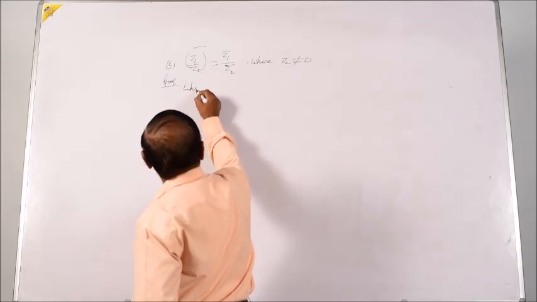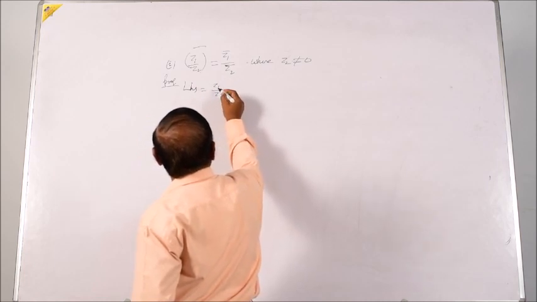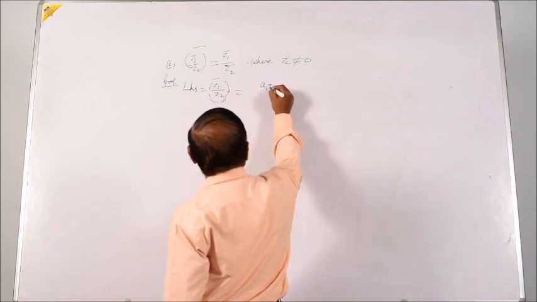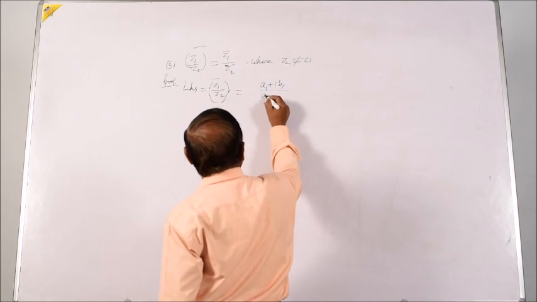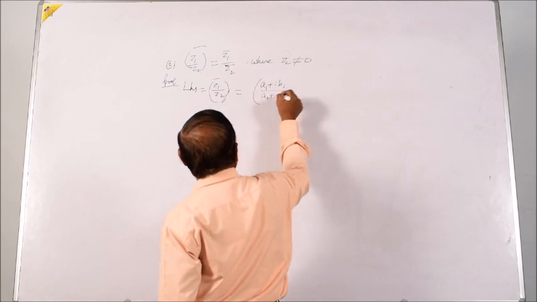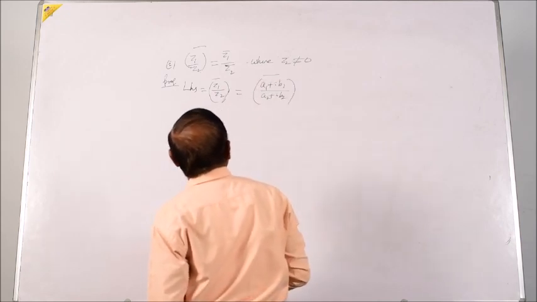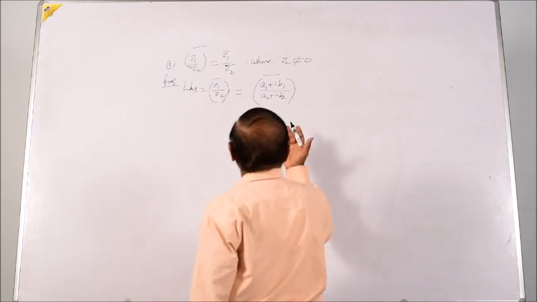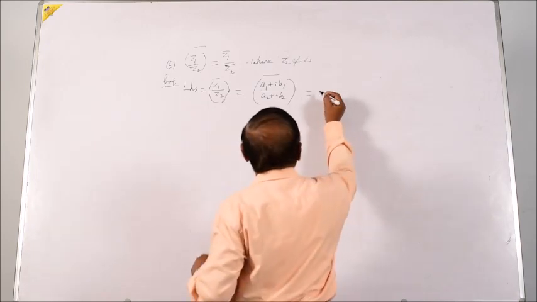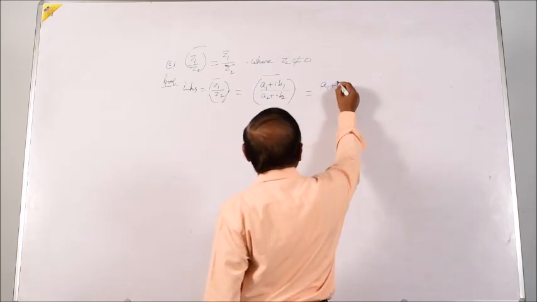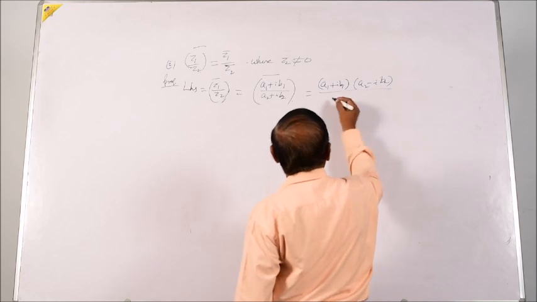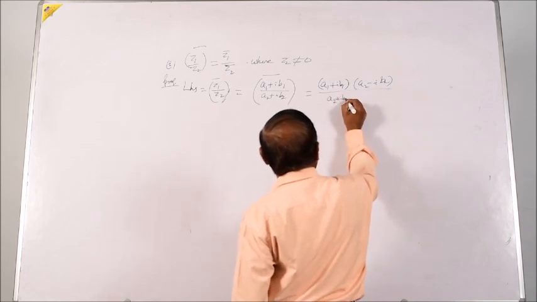Let us take LHS, that is z1 by z2 whole bar. You know z1 is a1 plus ib1, z2 is a2 plus ib2. There are different methods you can use. You first simplify this: as you know, we have to multiply the conjugate of the denominator in both numerator and denominator.